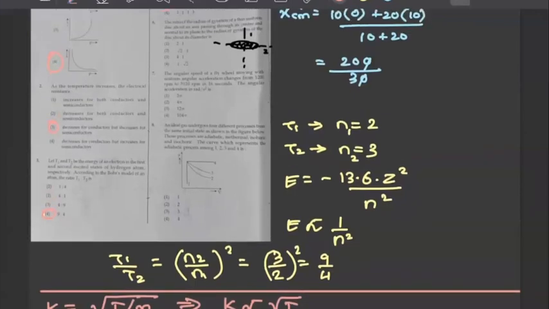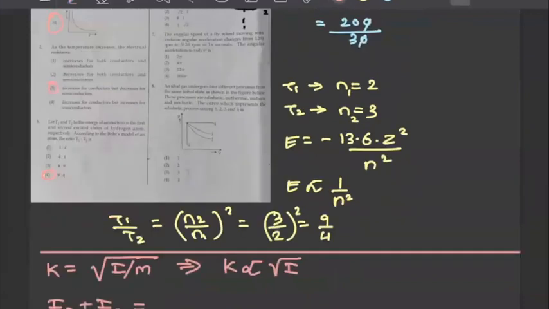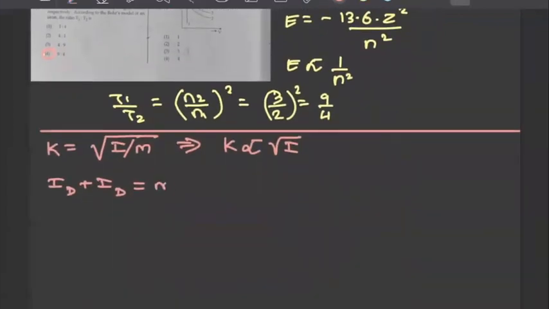So since it's the diameter, I will use the perpendicular axis theorem. I will say Ix plus Iy, or Id plus Id, because both of them are diameters, is Iz for a disk, right? They've said it's a thin uniform disk. So it's going to be m r square by 2. So this will give me Id, which in this case is my I2 diameter, is going to be mr square by 4.